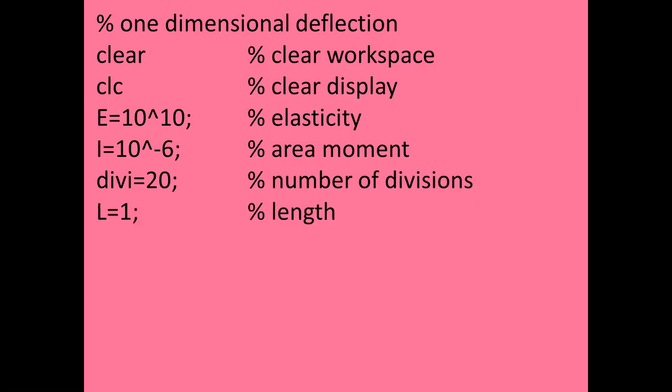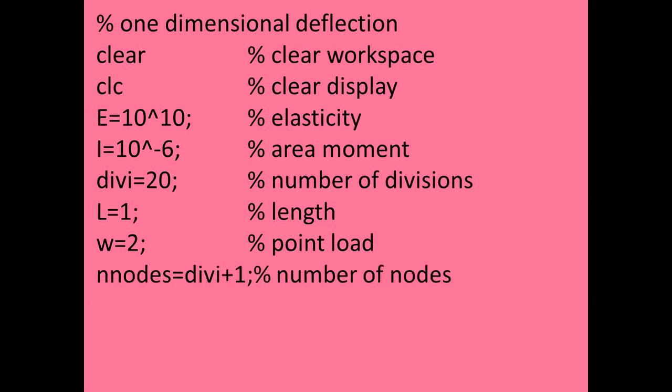Length happens to be 1 meter. W is the point load. The current value of point load happens to be 2. Nnodes, that is the number of nodes, obviously is going to be number of divisions plus 1. So if division happens to be 20, number of nodes is going to be 21.